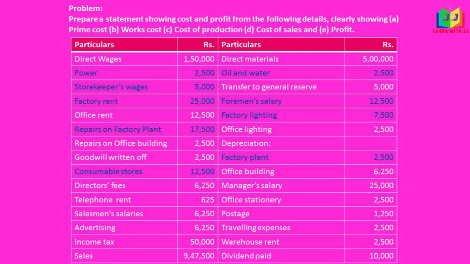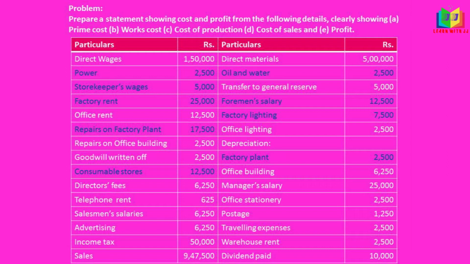Direct material we already wrote in the prime cost calculation. Next, oil and water will come under this factory overhead. Transfer to general reserve will not come here. Foreman salary will come under factory overhead. Factory lighting will come under factory overhead, and office lighting won't come.